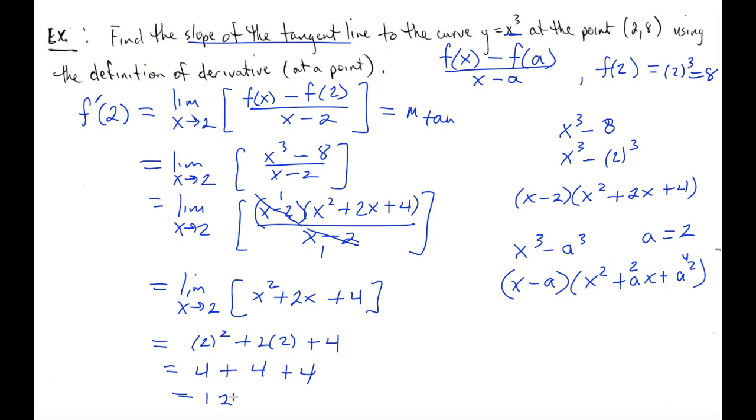And that's the exact same thing that we found whenever we did it empirically. And so this is the point that we were trying to make. If we can successfully evaluate the difference quotient, then we can easily figure out what the slope of the tangent line is. And of course, the connection here is that the slope of the tangent line is the same as taking the derivative of this function, specifically at x equals 2, and that will equal 12.